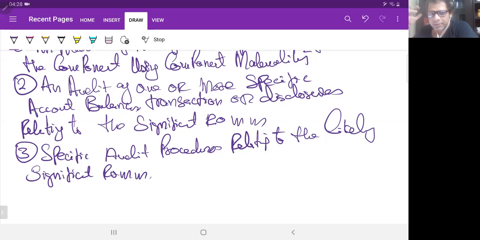So for components not significant, the group engagement team must carry out analytical procedures at the group level, right?